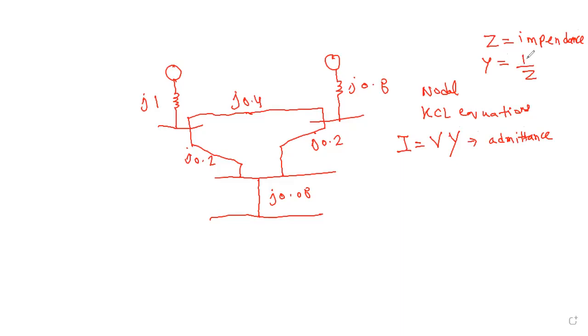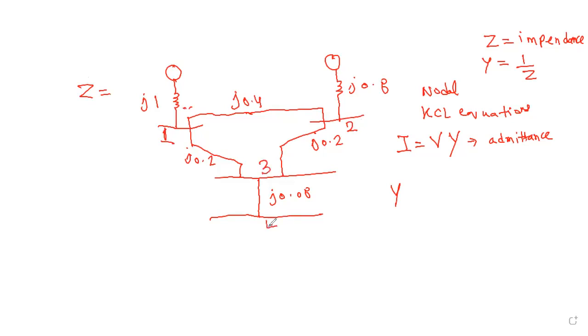So when I'm drawing any of these networks, I have drawn it in the form of impedance values, every value here in the form of Z. Now, Yij: this is bus one, this is my second point, this is my third point, and this is my fourth point.